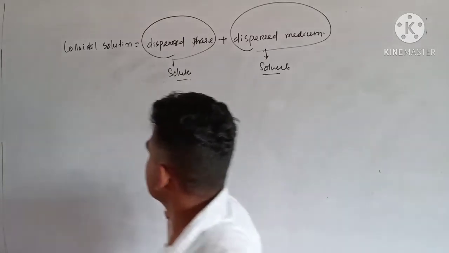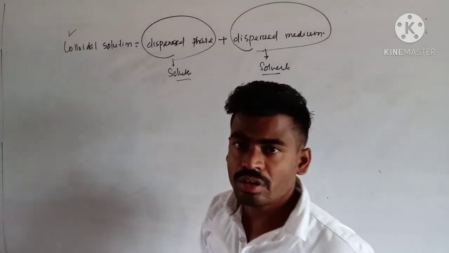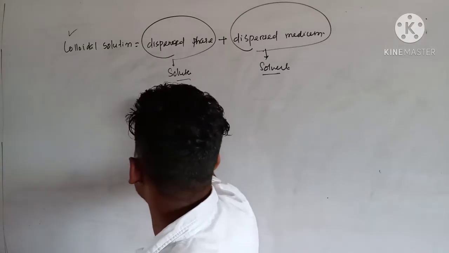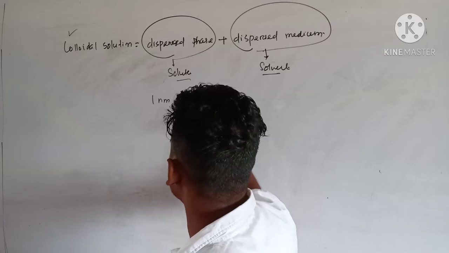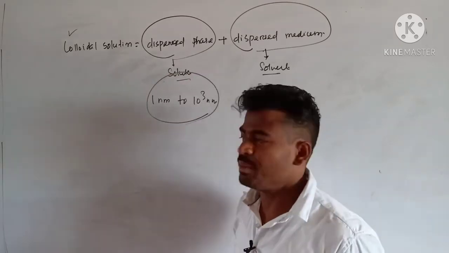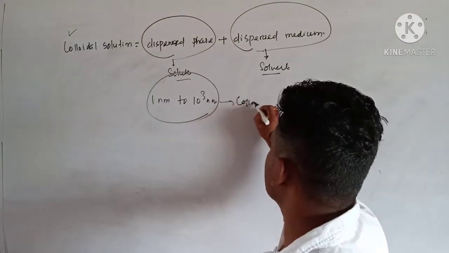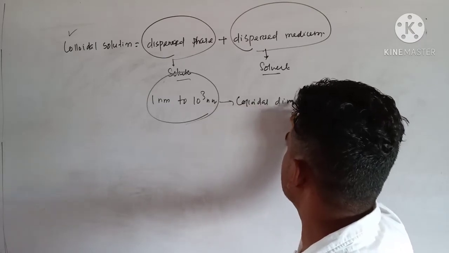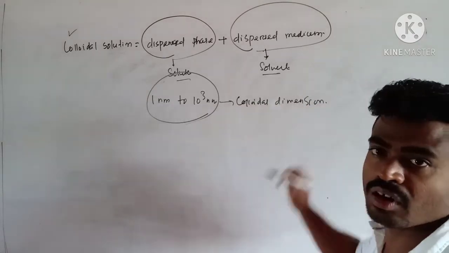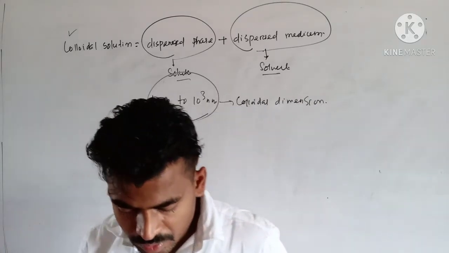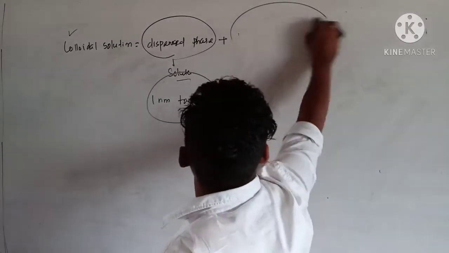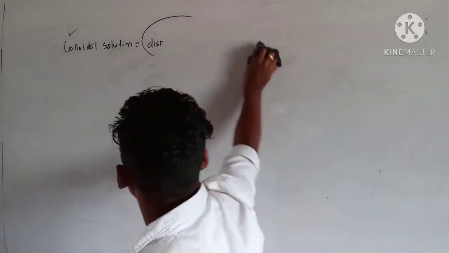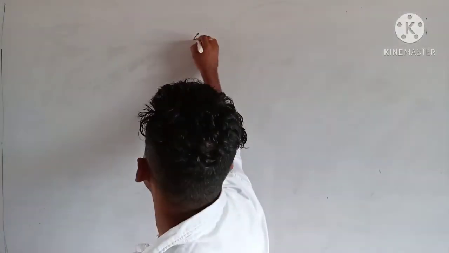Okay, so this is what I call colloidal solution, having particle size between 1 nanometer to 10 to the power 3 nanometer. This is called the colloidal dimension. Somehow your colloidal solutions are also known as sols.